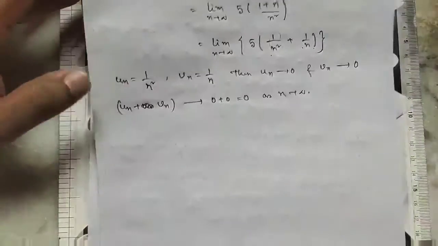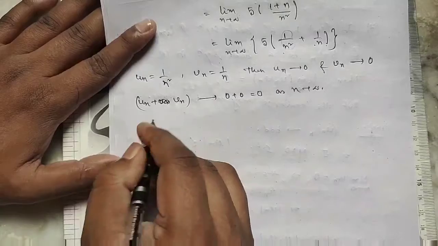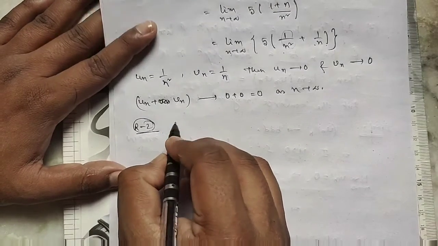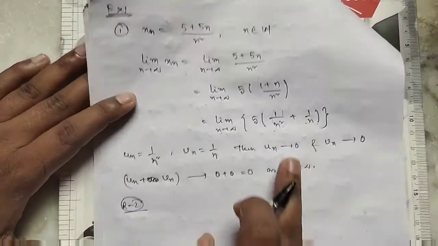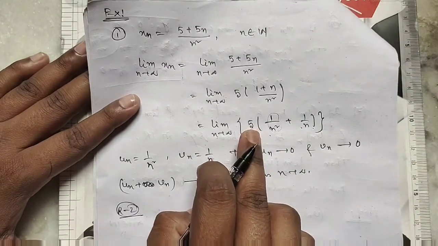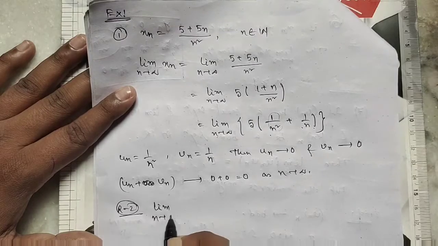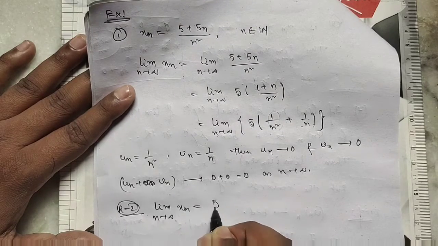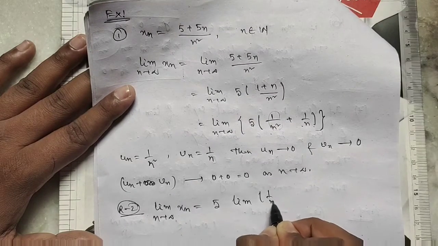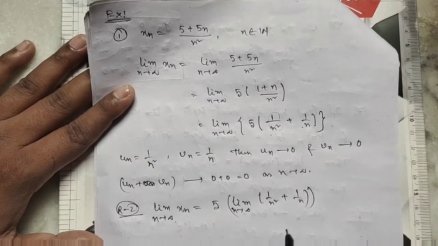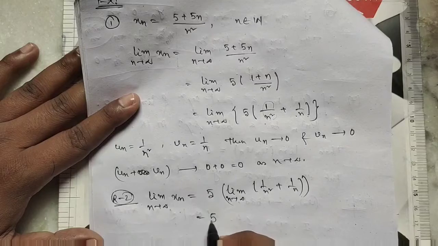Okay, so by the above results 2, we can take 5 here, so we can write limit n tends to infinity xn equal to 5 limit 1 by n square plus 1 by n. Okay, clear?